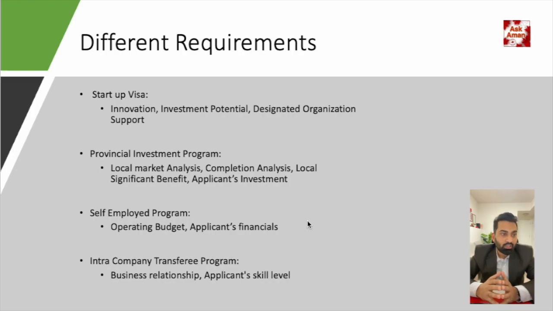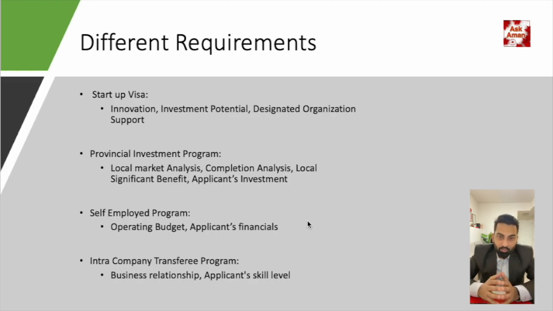Then the local significant benefit. Again, significant benefit, I've been speaking about it from the beginning of the video. But in a provincial investment program, your significant benefit has to be established locally. Meaning that if you are coming to Canada through a provincial program, and you say that you're going to start a business in a city or town in British Columbia, you have to demonstrate how you're going to provide significant benefits in terms of employment, investment, and taxes to that local area.